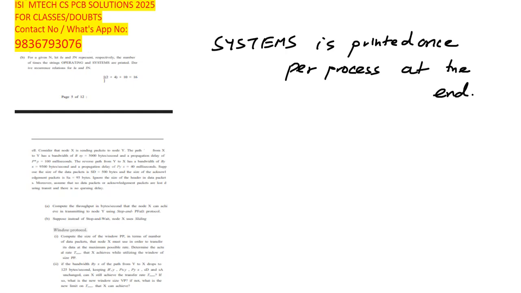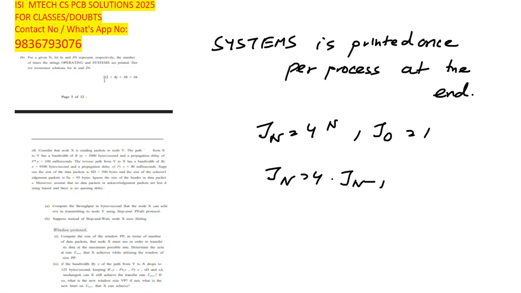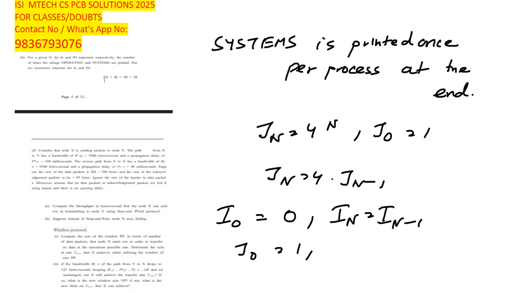Okay, so here since the process count quadruples, jn is 4 to the power n and j naught is 1. Also jn is 4 times jn minus 1. So finally I0 is 0, j0 is 1, and jn is 4 times jn minus 1.